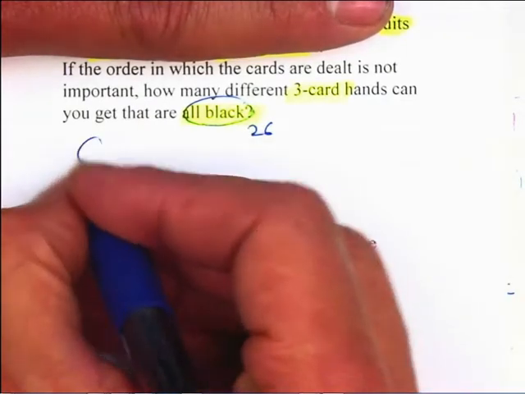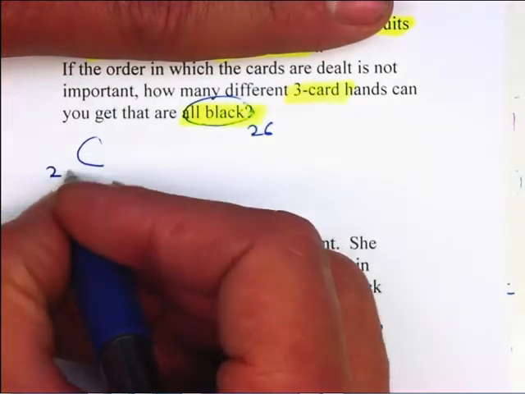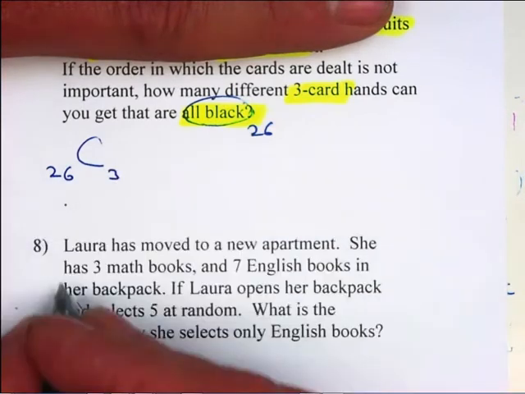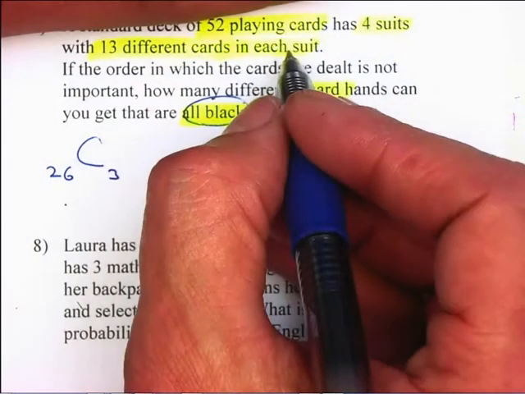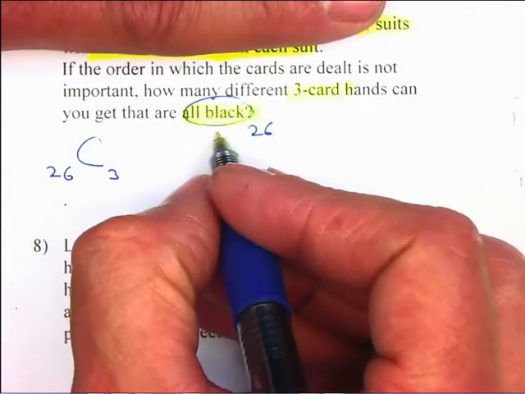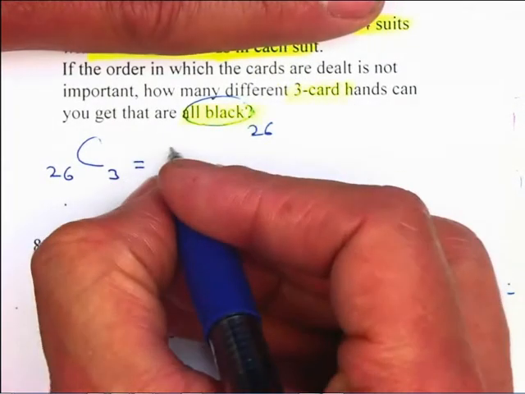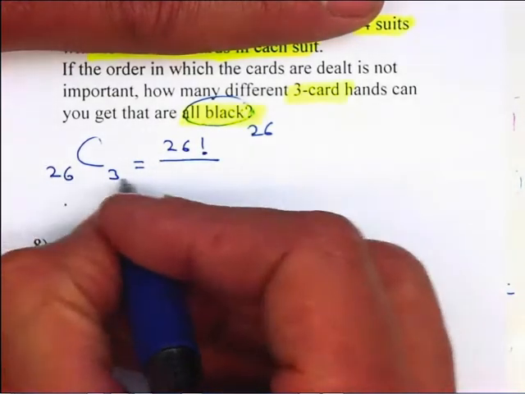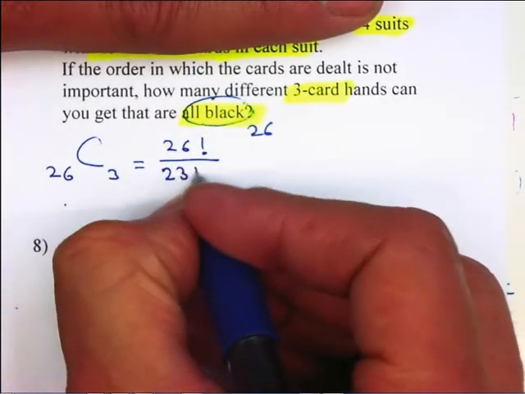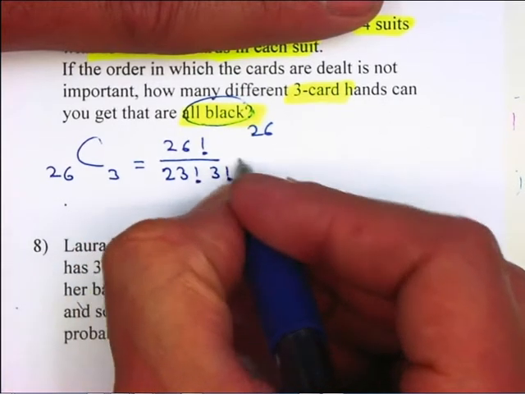And how many are you looking for in each hand? 3. So the fact that 52 doesn't matter. We don't care about the other 26 that are red. We're only looking for the black ones. In this case, we're going to expand this. So it'll be 26 factorial over 26 minus 3, which is 23 factorial, multiplied by 3 factorial.